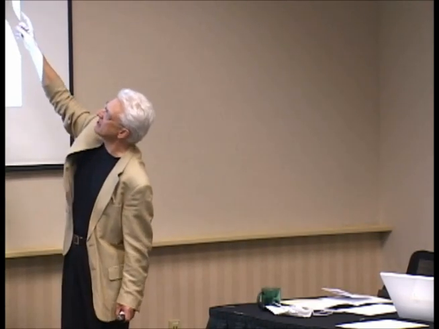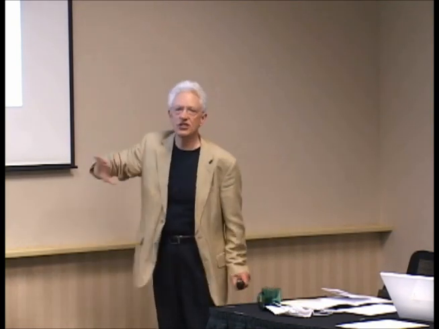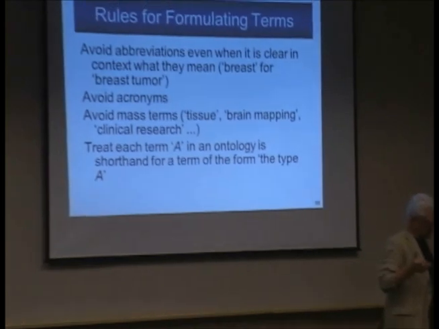So very, very rarely should you use an acronym. Avoid abbreviations. So in the clinical world, it's very common to use ellipses. So you say breast, or third breast, when you mean the patient in the third bed along the left-hand side of the ward. Ontology should avoid anything like that. It will be chaos. You should always be painfully explicit. And you should avoid mass terms. Now this is a little bit more subtle.